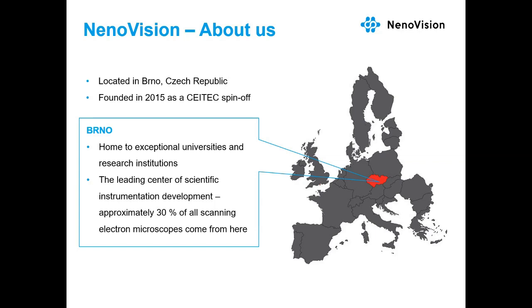Brno is also quite well known as a center of electron microscopy, and people say that about 30% of the electron microscopes are produced in Brno. It's because Thermo Fisher and Tescan are located here. So we are very happy to be in such an innovative and microscopically oriented ecosystem.